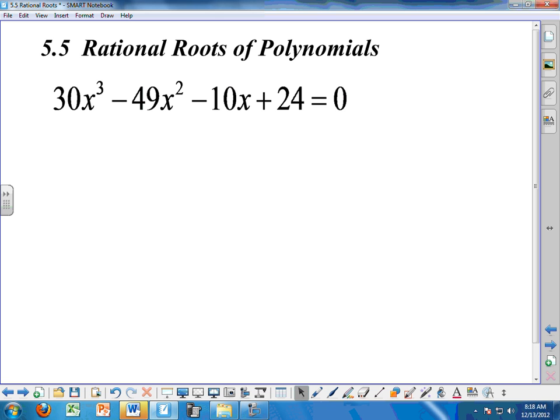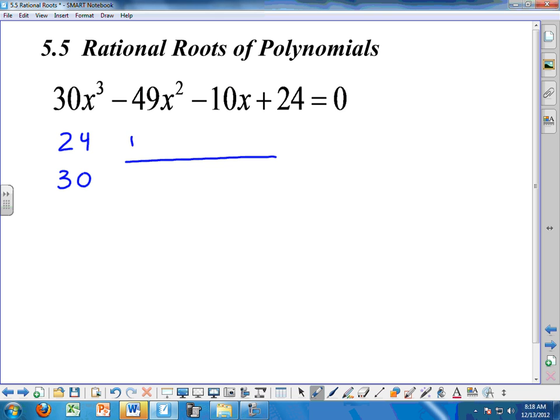And in the last video, I addressed the idea that we would try to isolate a root of this very difficult cubic equation. And in doing that, I had originally written 24 and then 30 and tried to determine the number of possible rational roots.